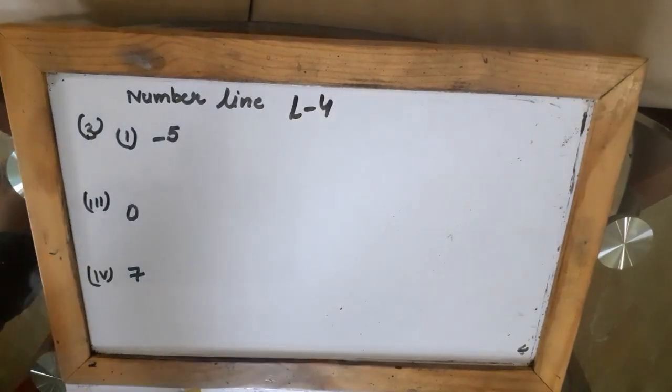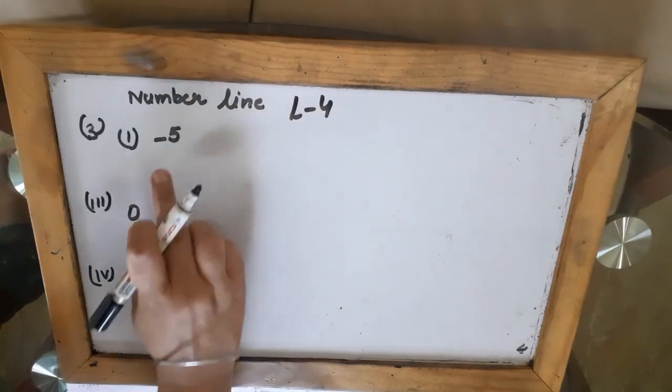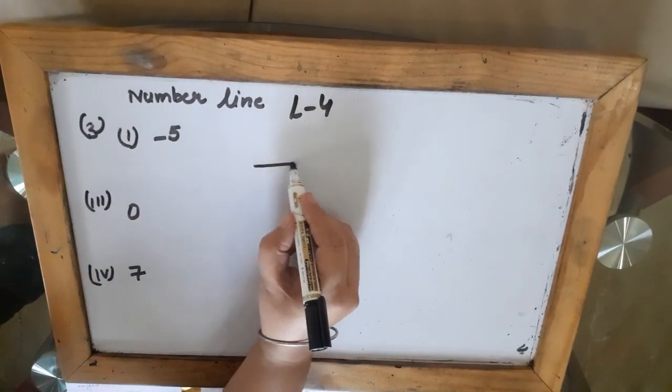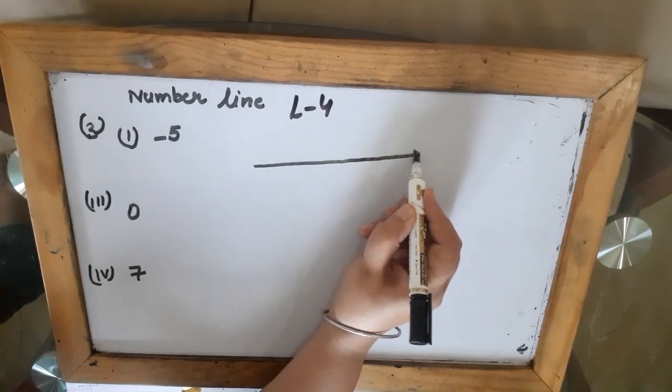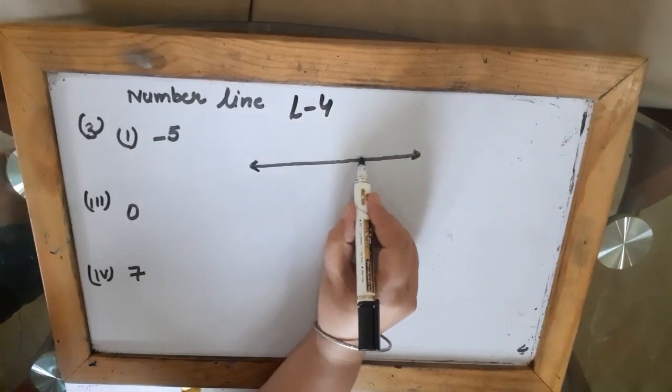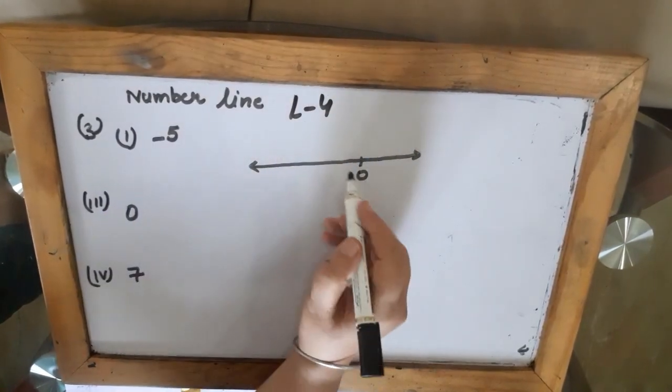Now I come to the third question. They have given you some integers and they are asking you to mark the following integers on a number line. So I have taken the first part. You have to show minus 5 on a number line. So you will draw a number line. I can put 0 over here, and to the left I have to show minus 5.